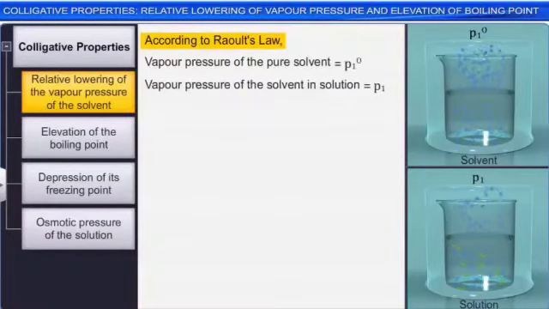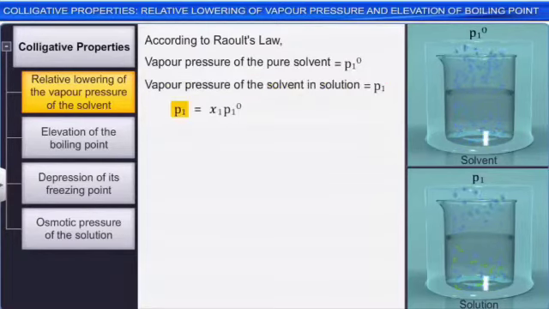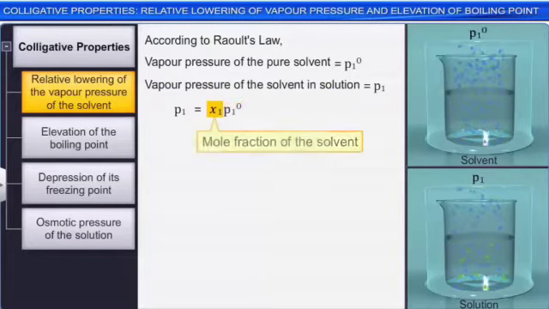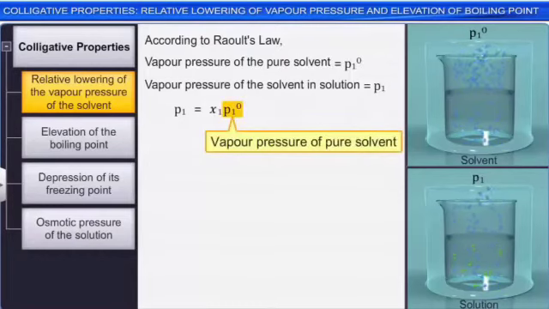According to Raoult's law, the vapor pressure of a solvent, P1, in a solution containing a non-volatile solute is given by P1 = X1 P1°, where X1 is the mole fraction of the solvent and P1° is the vapor pressure of pure solvent.